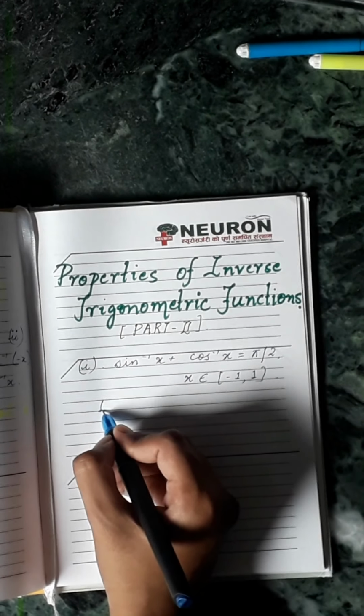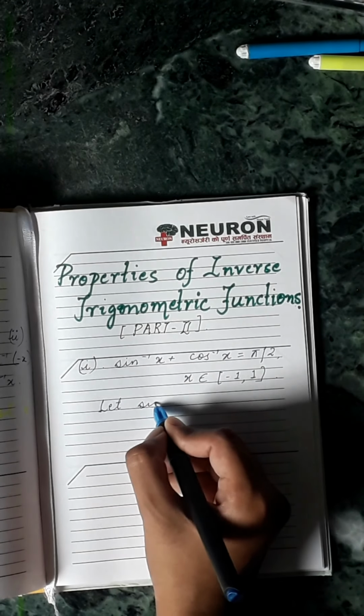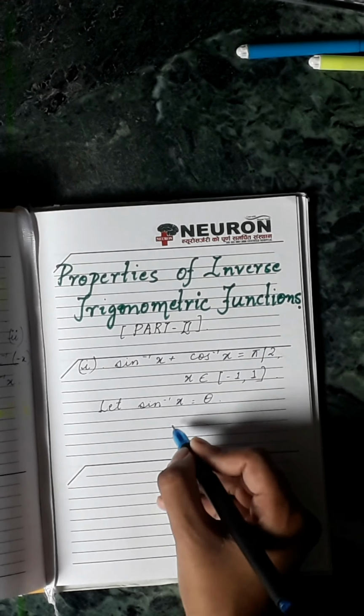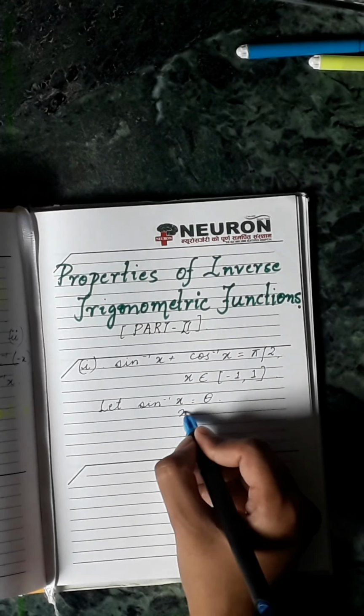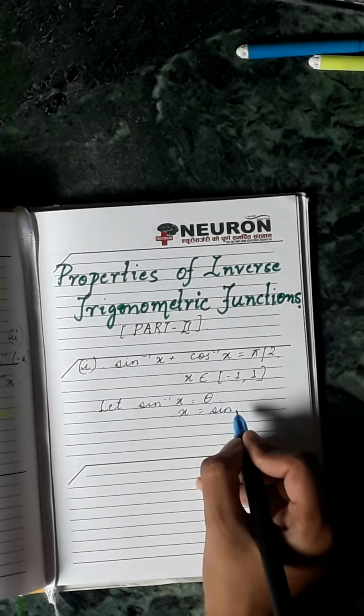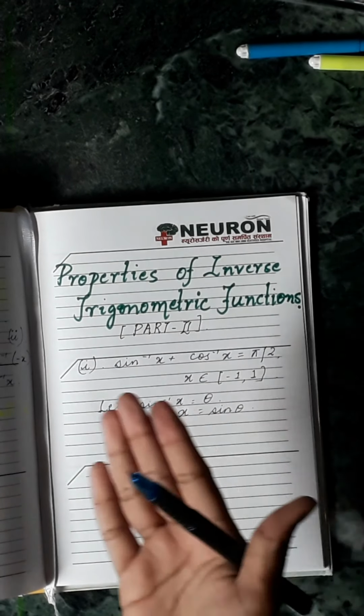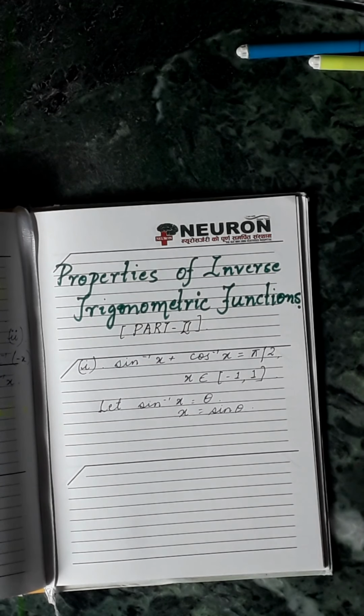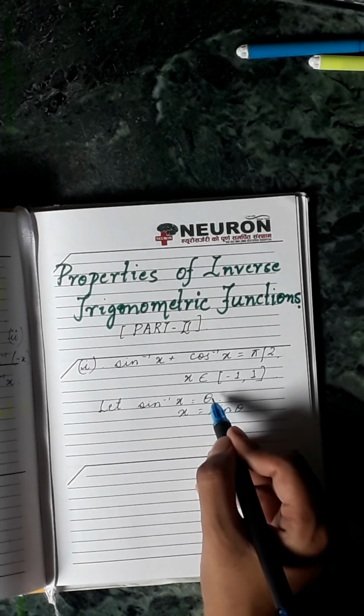The first step is you have to let sine inverse x equal to theta. So x will be sine theta. Sine inverse from LHS to RHS will become sine and it will get attached to the entire RHS. So here in this case RHS is theta.